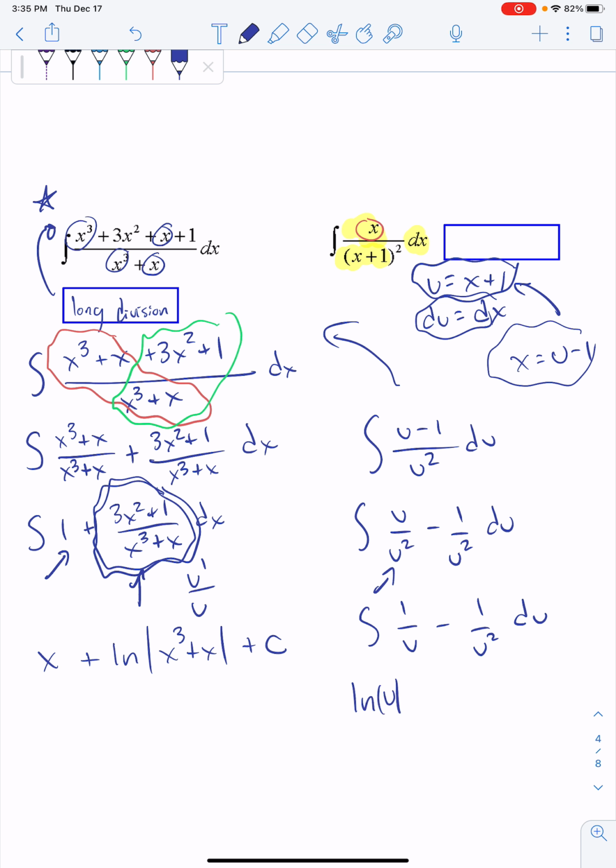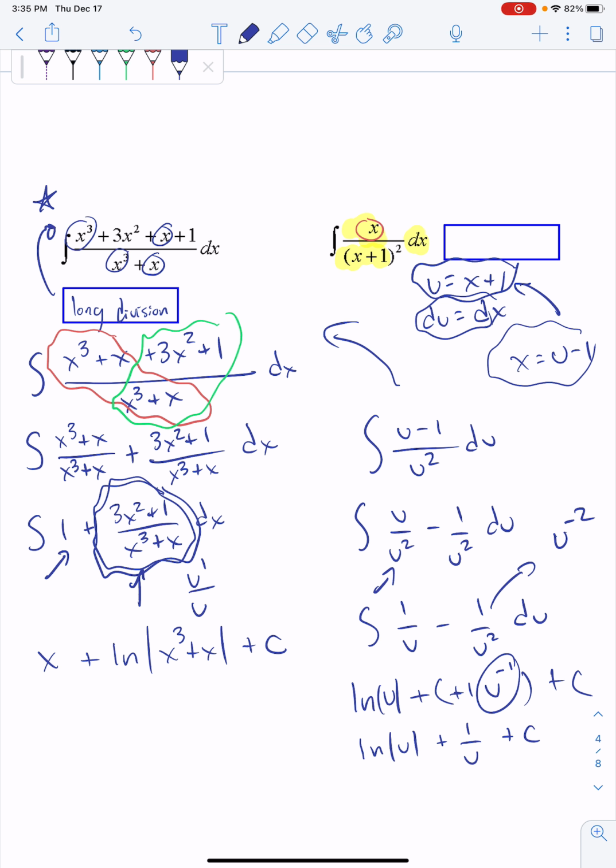The 1 over u squared, remember u squared is u to the negative 2. So that becomes u to the negative 1, and then I've got a times by the reciprocal, which is just a negative 1. And then I add c, so I end up with natural log of u plus 1 over u. Those combine to make a plus. This moves to the bottom, so I get 1 over u plus c.